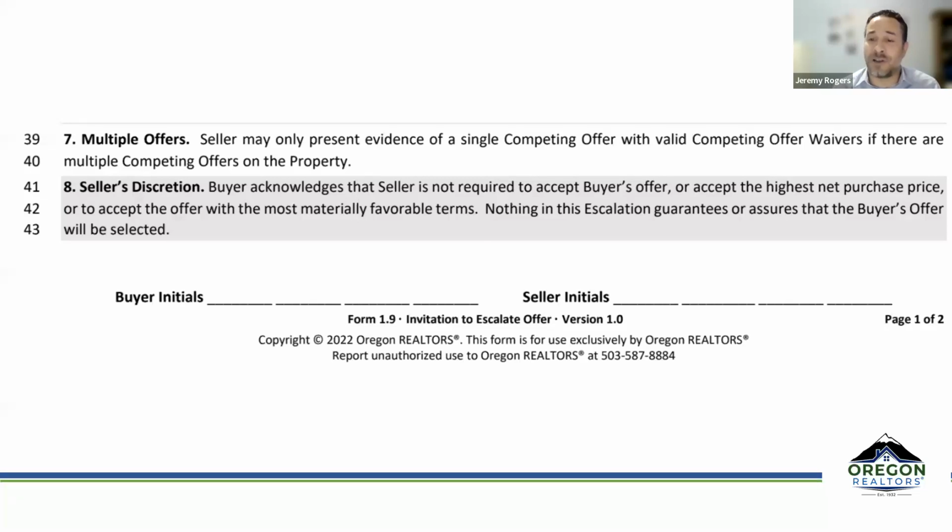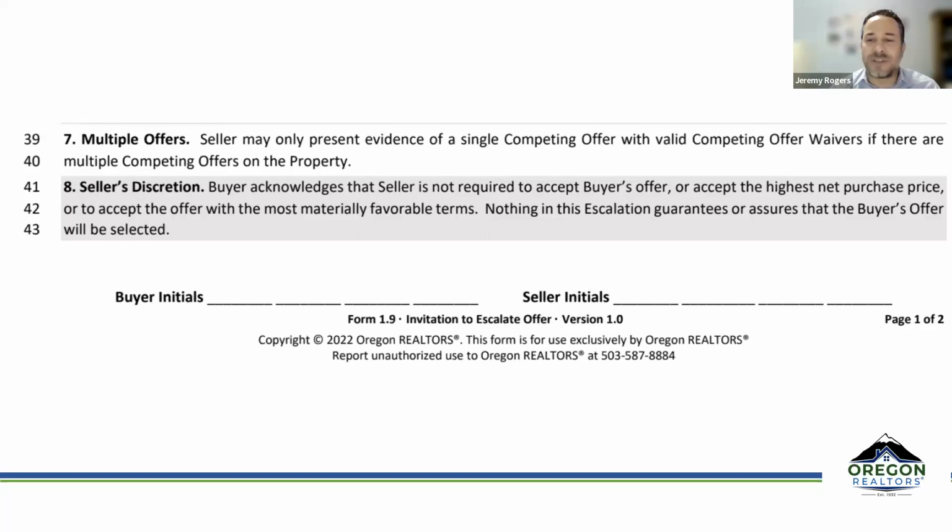Because now the seller knows how high they're willing to go. And if there's competing escalations, the one with the highest cap, the highest maximum, is going to be the one that sort of wins out. So again, if that's what your buyer wants, then that would probably be a strategy: make that cap high enough. But that means your buyer's going to end up paying a lot more for the house too. So, this is all a trade-off.